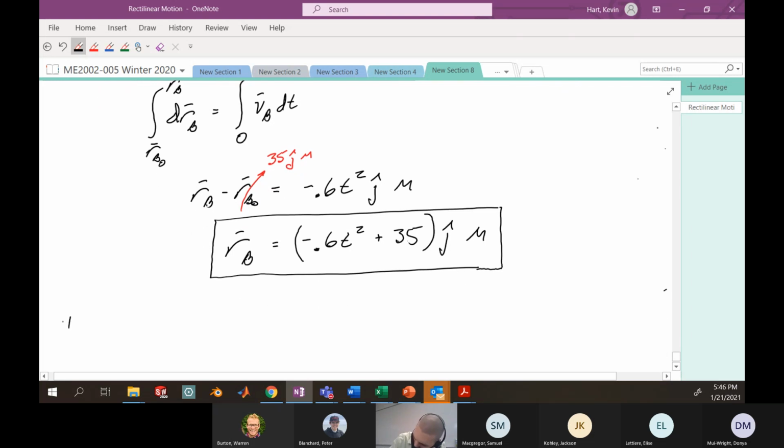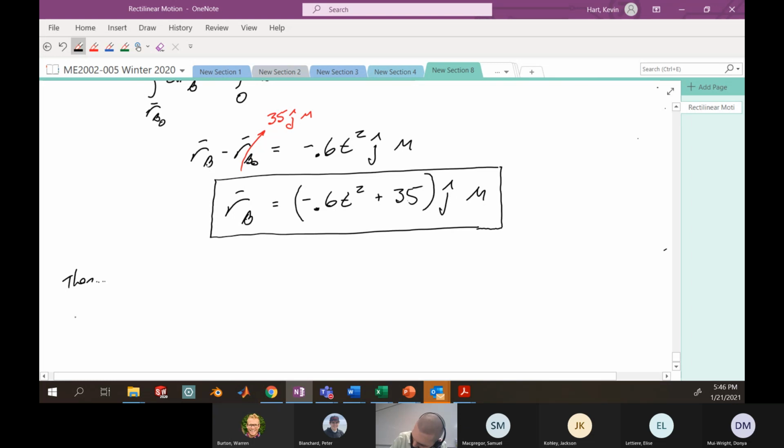So if we're interested in the acceleration of B relative to A, now as a general function of time, we know that that is going to be the acceleration of B as a function of time minus the acceleration of A as a function of time.